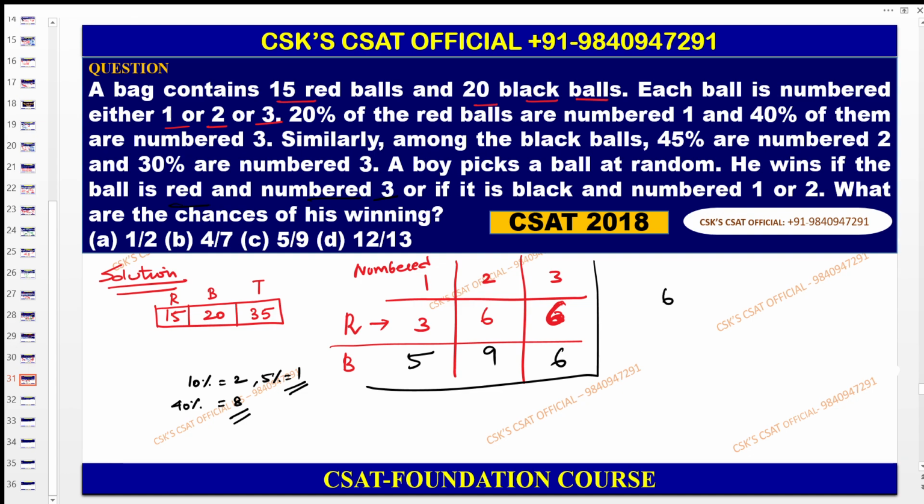Okay. Then if the black means number 1 or 2. 1 or 2 means just add up these two. 14. So how many possibilities are there? 20 out of 35. So 20 out of 35. 20 out of 35 here is nothing but 4 by 7.